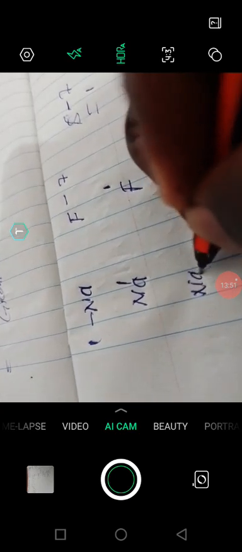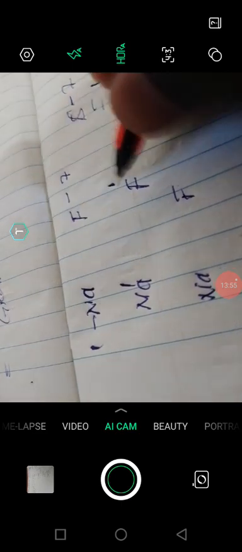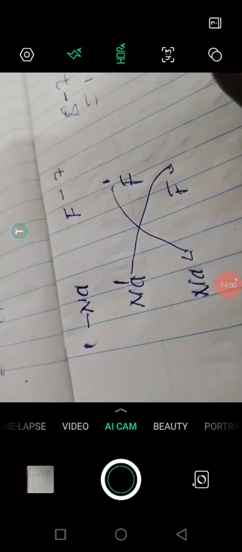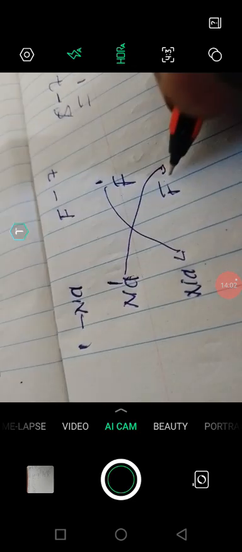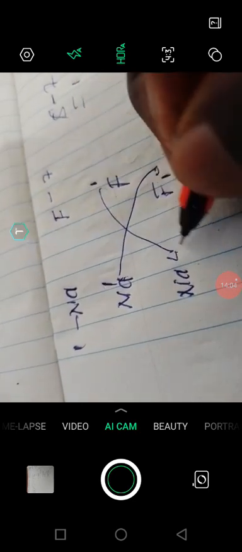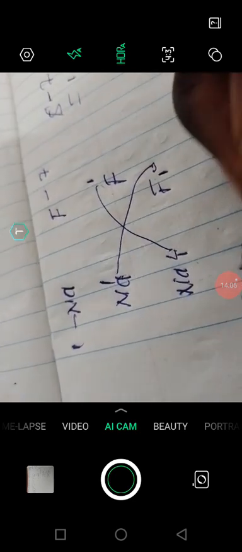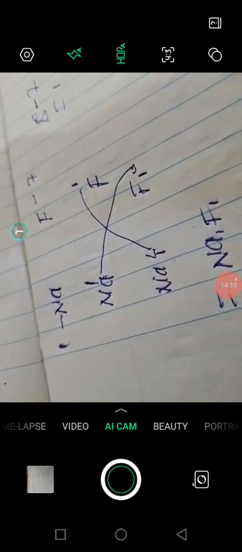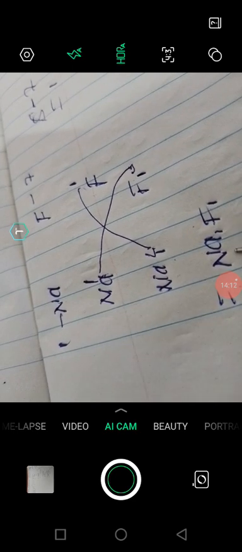Now, see what's going to happen. I put sodium here, I put fluorine here. Then they are going to share or exchange their valences. This one comes here, this one comes here, and so we're forming something like this: Na and F1.